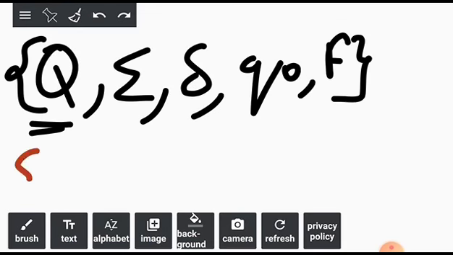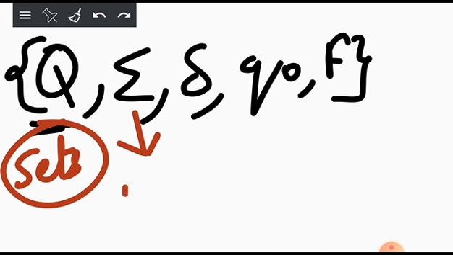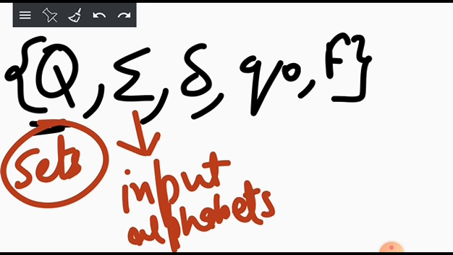Here Q is representing the set of all the states. So all the set of states come under this capital Q. Next is sigma. Sigma is representing the input alphabet. So all the input alphabets and all the sets of symbols come under this input alphabet, that is sigma. Then we have a delta transition function.